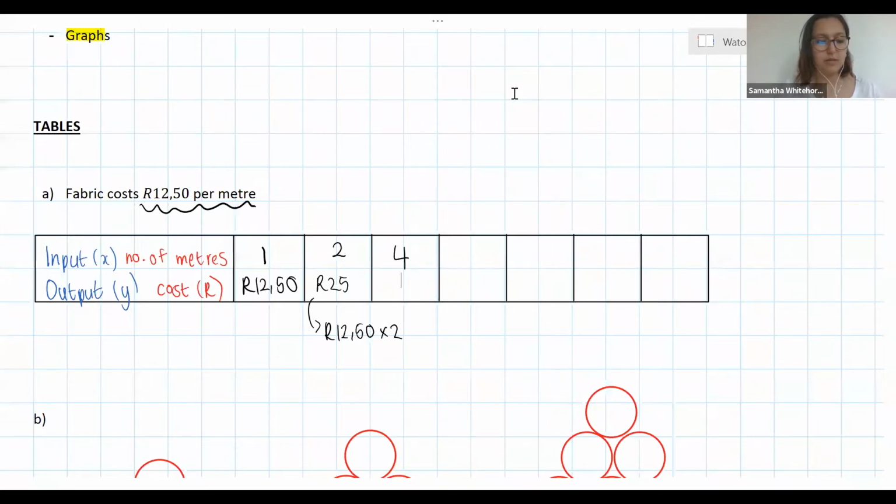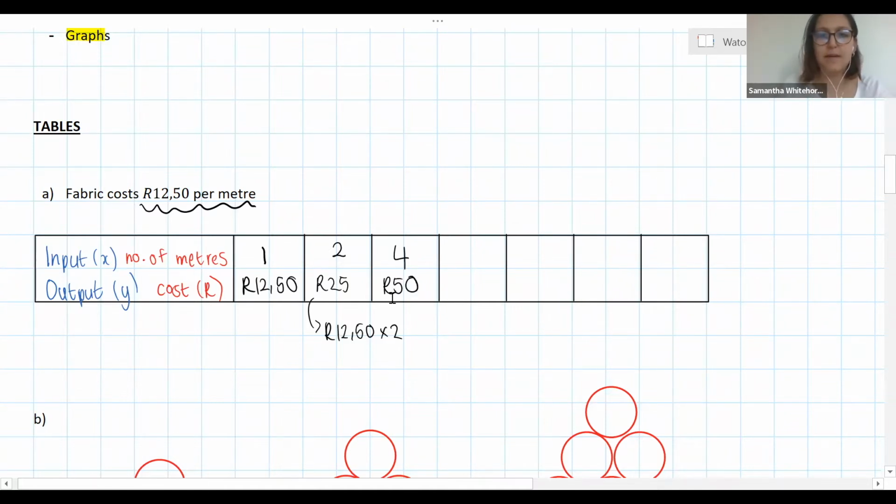Unless my maths is super bad, double check 12 Rand 50 times 4 again. No stress. Lolita, do you want to tell me? Ma'am, I got 50 rands. Good, well done. So 4 times 12 Rand 50 is 50 bucks.